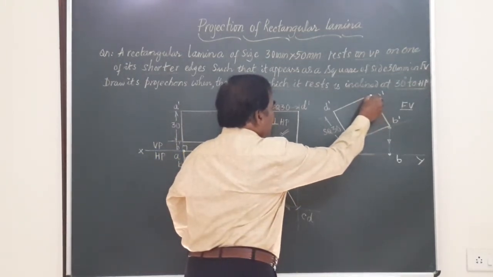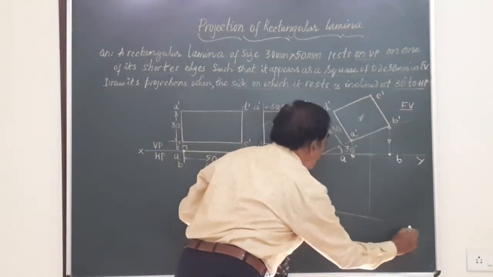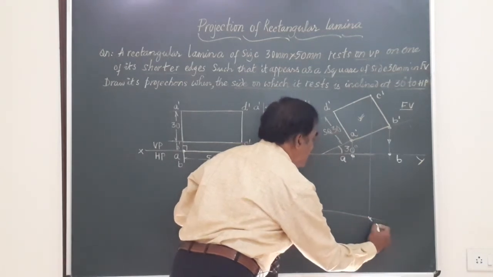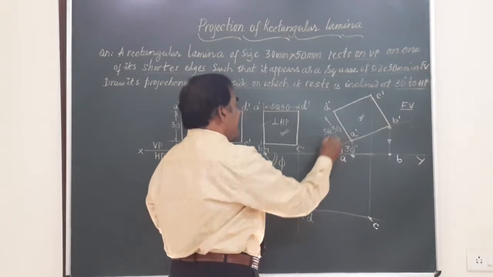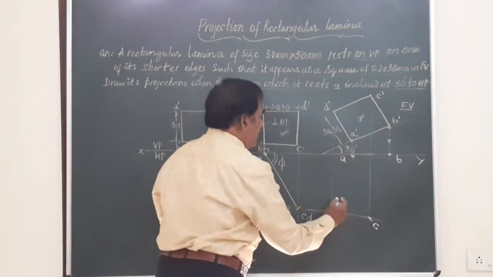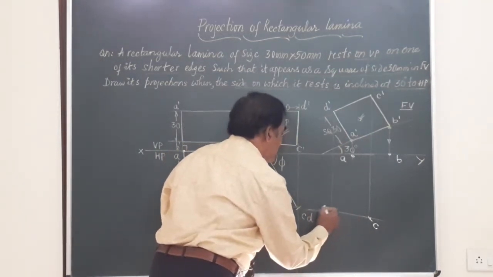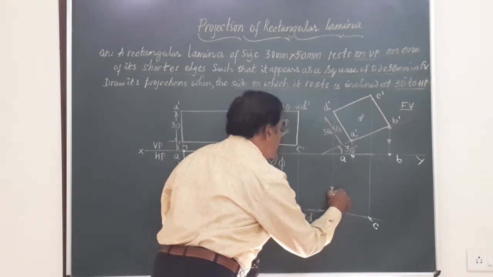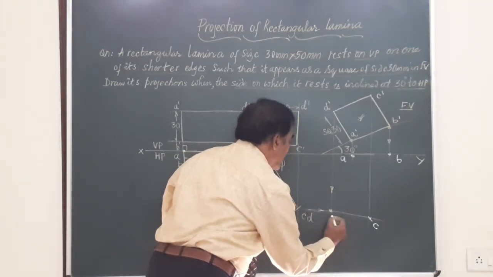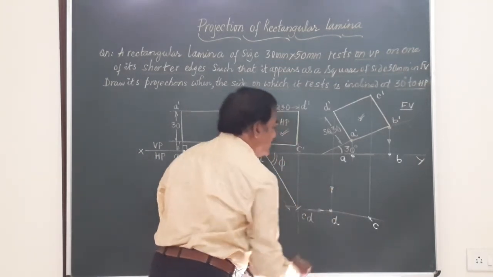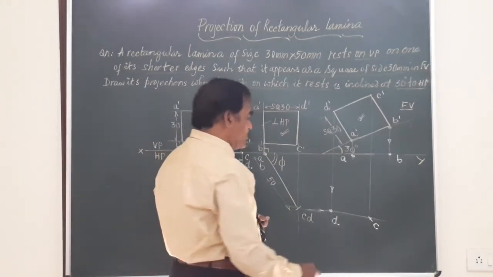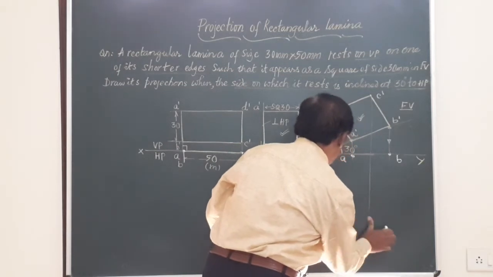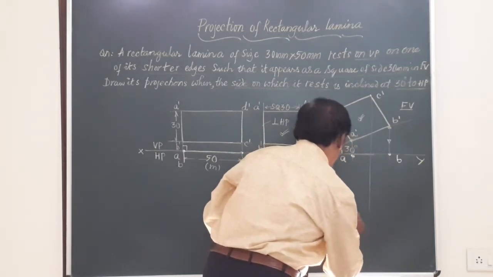Draw a vertical line from C, horizontal line from here, this point is going to be C. And finally D, vertical line from here, horizontal line from here. The point of intersection of these two will give you point D. Friends, you got all the four corners of the plate, join them by straight lines to obtain the final top view.